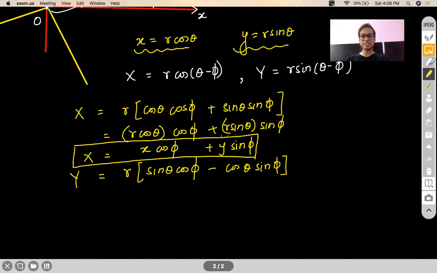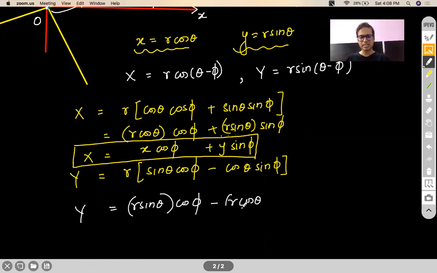Okay. Now you can see here that the new x coordinate depends upon y also, the old y, right? Of course, the angle is involved, but the old y coordinate is also involved in finding your new x. Okay. Similarly, if I simplify this one, I get r sin theta cos phi minus r cos theta sin phi. Okay. So if you see this term, this is actually y cos phi minus x sin phi.